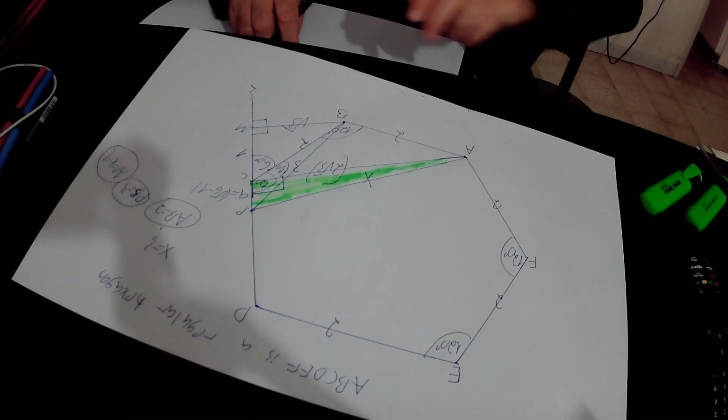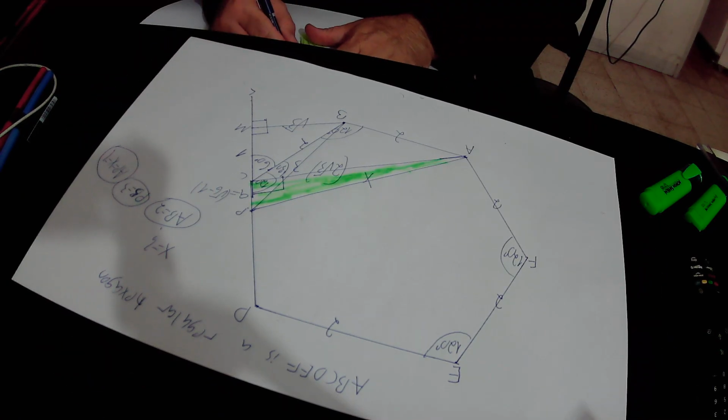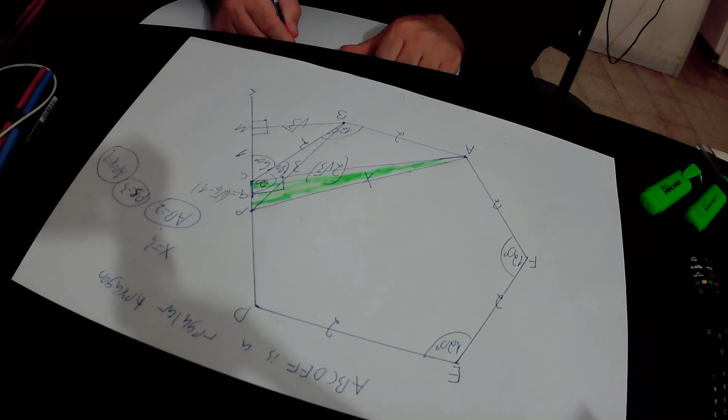So I'll copy the right green triangle, triangle ACP, in a new page, and we'll implement the Pythagoras theorem on the right triangle ACP.